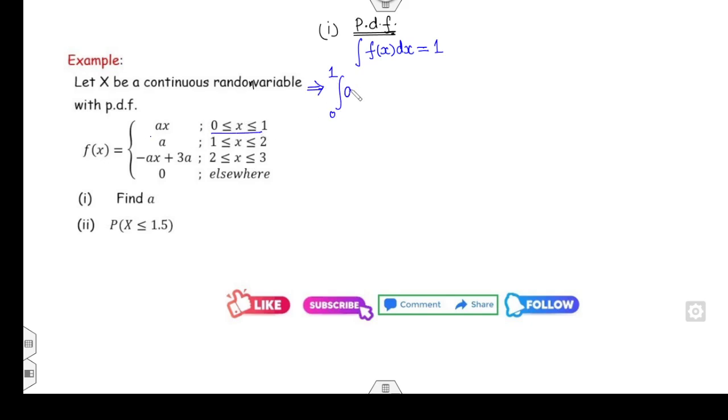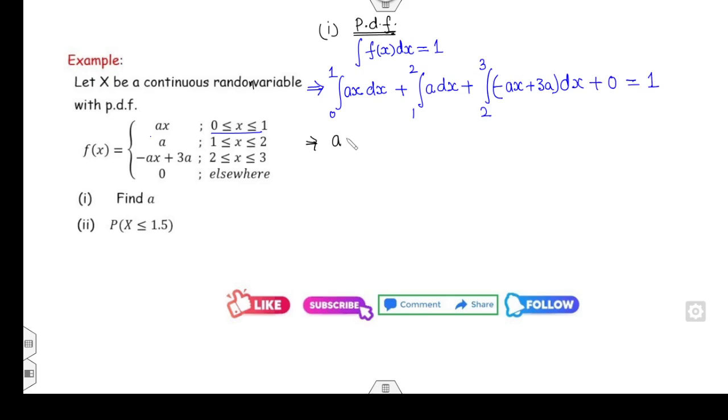The f(x) is ax, fine, plus second part from 1 to 2, f(x) is a, plus third part 2 to 3, f(x) is minus ax plus 3a, and the rest part is 0, which is equal to 1. Now can you solve them?